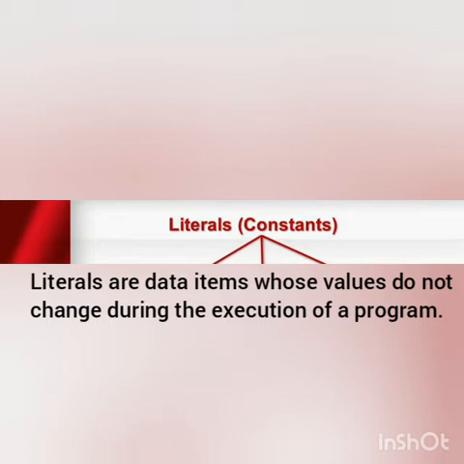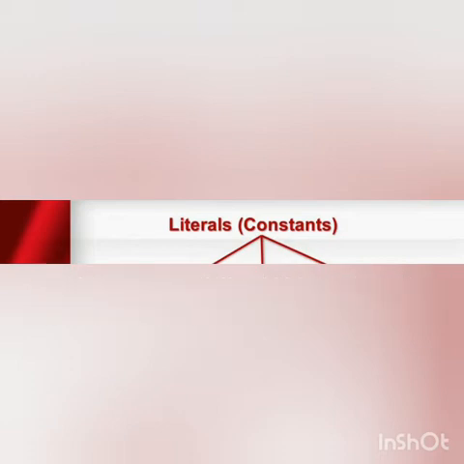Here 2 is the value stored in the variable A, and 5 is the value stored in the variable B. Those values are called constants, and they will not change during the execution of a program. The variable keeps updating its value during the execution of a program, but constants do not change their values. Therefore, literals are called constants.